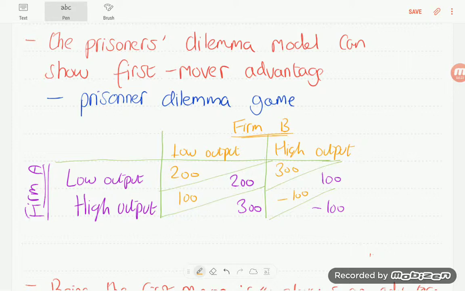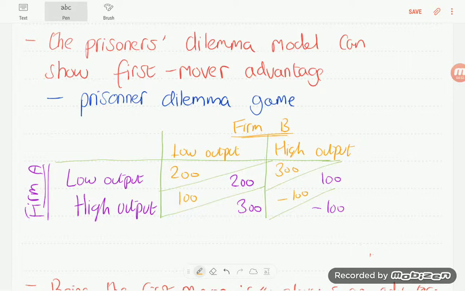Suppose there are just two firms in a market, firm A and firm B. Each firm has to decide what level of output to produce in their oligopolistic market situation. For simplicity, assume that each firm has two options: produce a high level of output, or produce a low level of output. Both firms know the other firm is also trying to decide what level of output to produce.